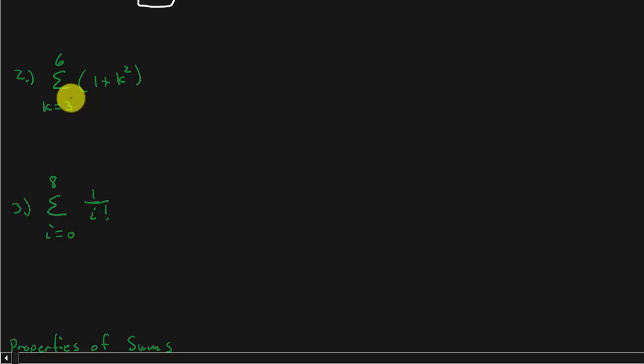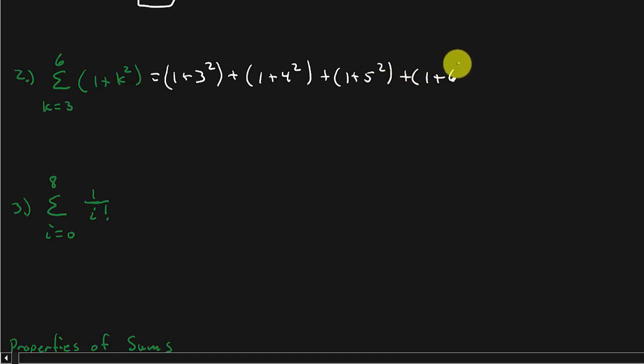Well, we're going to plug in the 3 for k, then a 4, then a 5, and then a 6. So this is 1 plus 3 squared plus 1 plus 4 squared plus 1 plus 5 squared plus 1 plus 6 squared. And then we calculate that, and that gives us 90 as an answer.